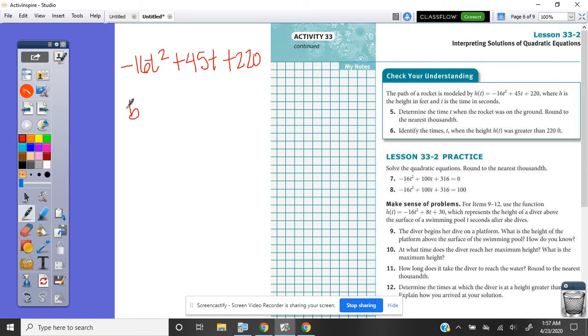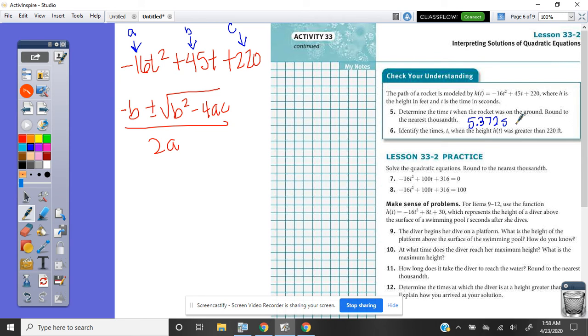So that's negative b plus or minus the square root of b squared minus 4ac all over 2a. So remember, this is a, this is b, and this is c. So when you plug those in, you end up with 5.372 seconds.